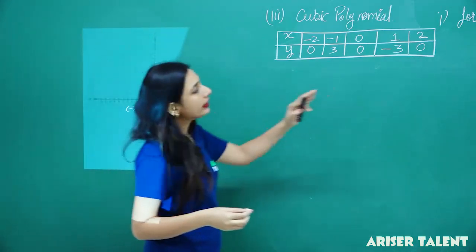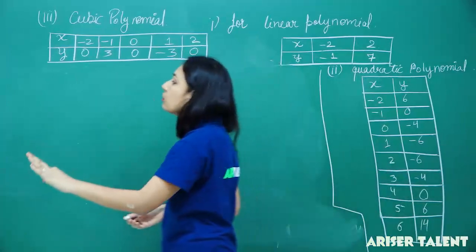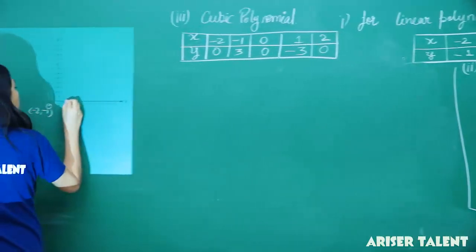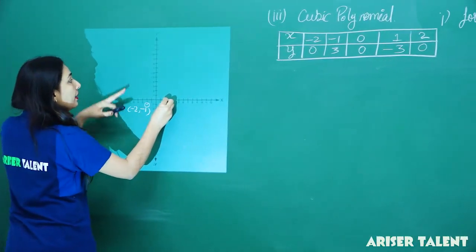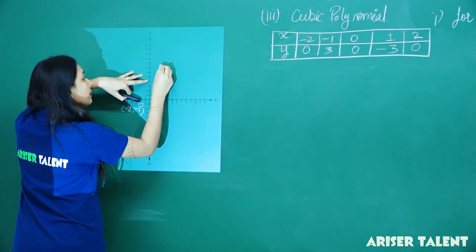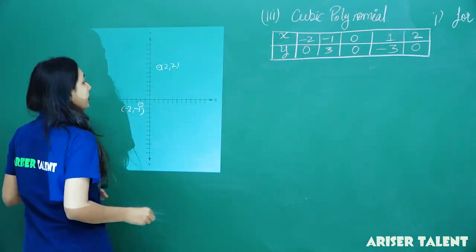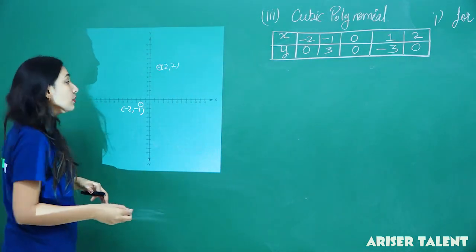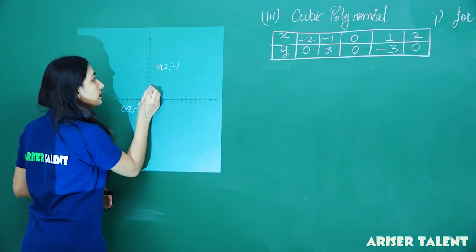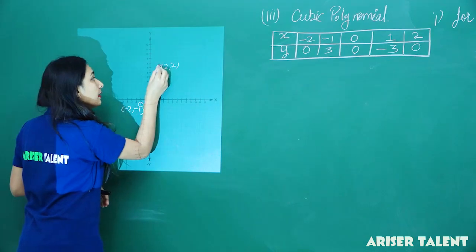Now the next point is 2 and 7. X equals 2, and y equals 7. So it will be here, 2 and 7, this point. Now what you have to do is, you'll just join these points with a line like this.